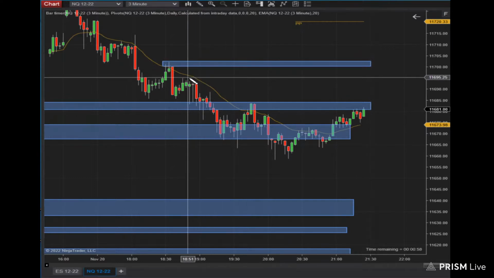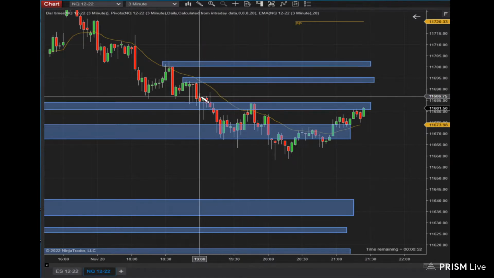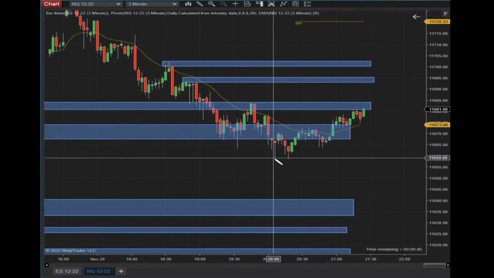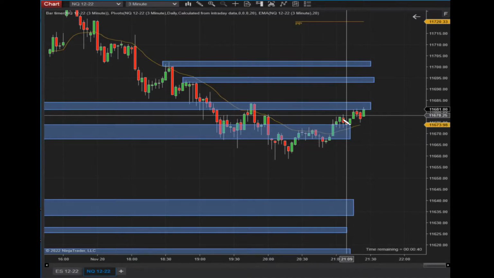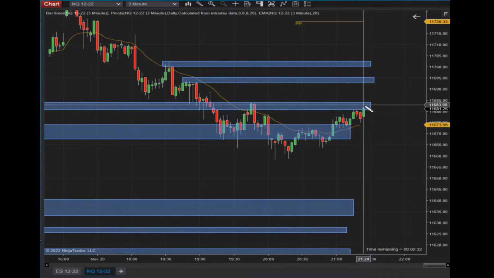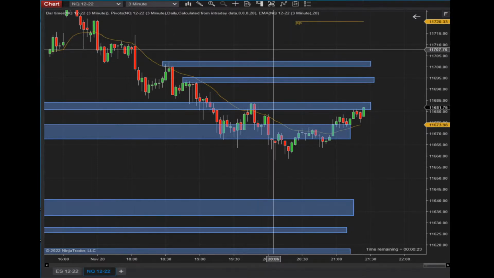See where it got rejected. Came back up, was rejected here. All these levels. Down here, lower low, lower high, lower low, lower high, but kind of reversed here, going back up. But it's getting paused at this area right here. There's not many buyers. Let's see if it pokes through and has any conviction to keep going.